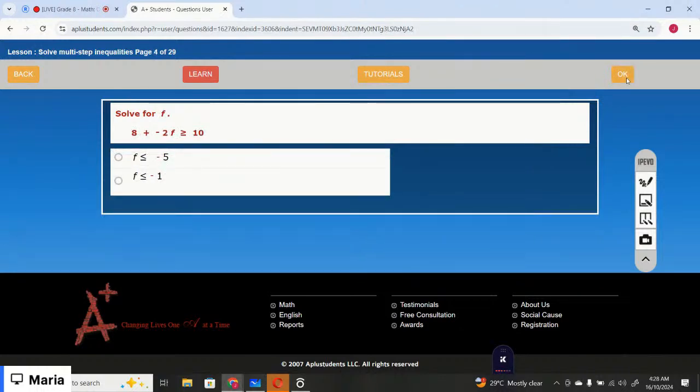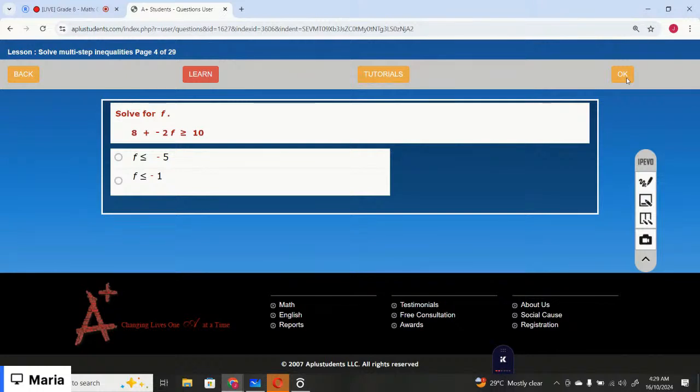Okay, solve for f, which is the correct option. So let's just solve.